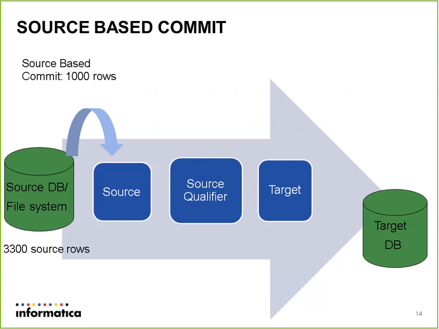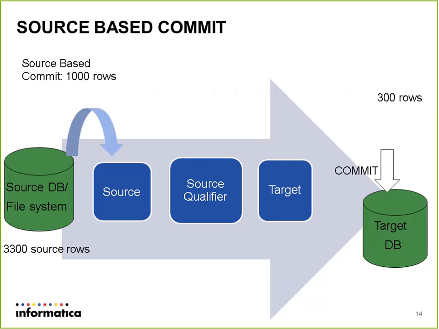Since the session has been configured with a source-based commit interval of 1000 rows, for every 1000 rows, a commit would be generated. The last 300 rows are not bound by any commit or rollback row and hence form a part of an open transaction. You can choose to commit the last 300 rows or roll them back.